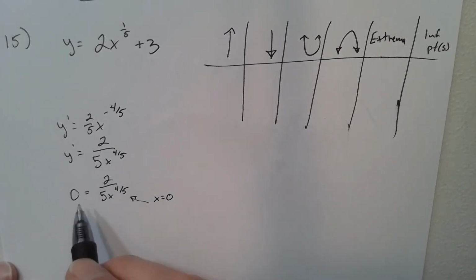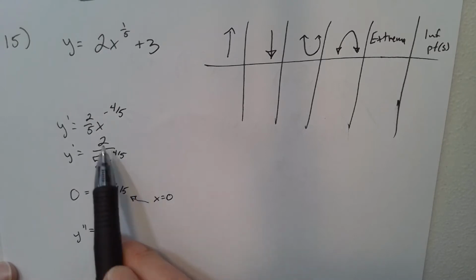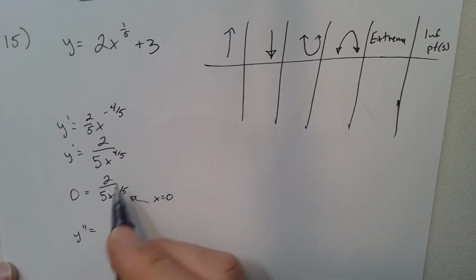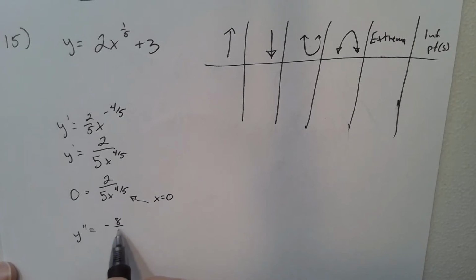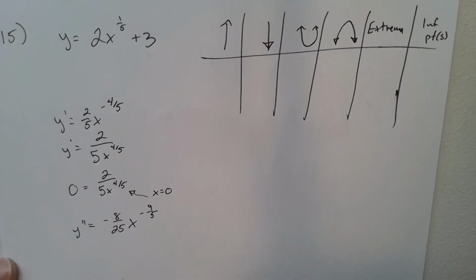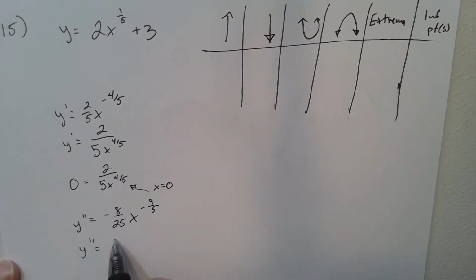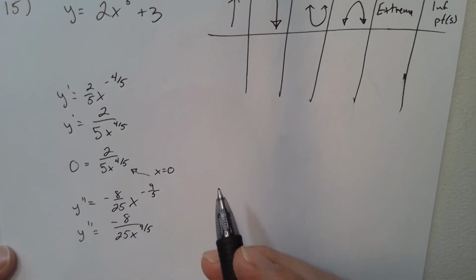So let's do another derivative, y double prime. I'll use this top version. So it'd be negative 8/25 x to the negative 9/5. So that is negative 8 over 25 x to the 9/5. So same thing here.